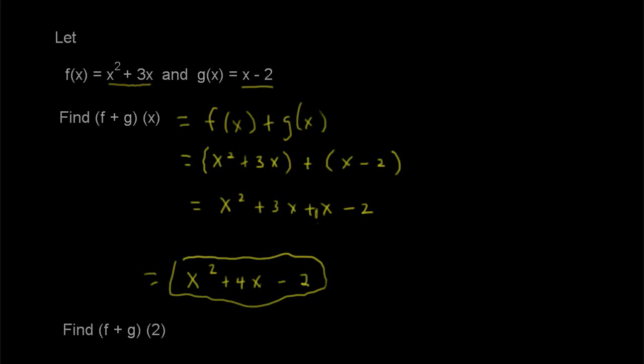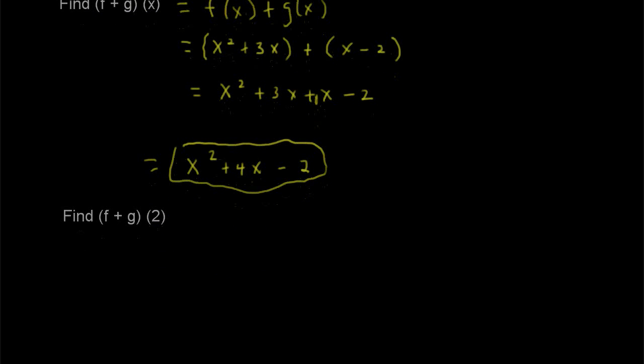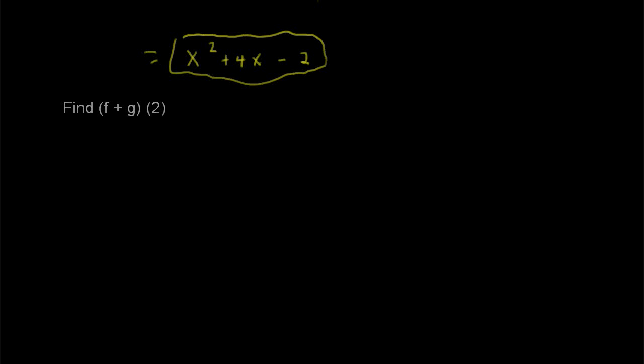Okay, welcome back. If you plugged in 2 in place of x, you should have come up with 10. 10 is your answer. Let me change colors. So if you came up with 10, fine. Move on to the third and final problem.